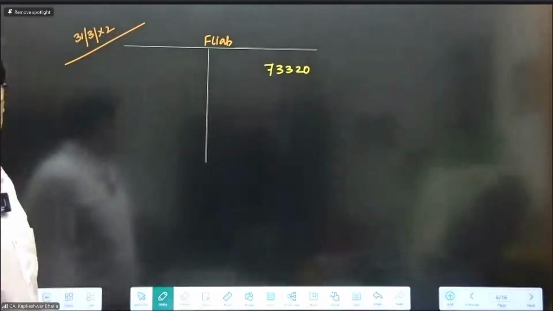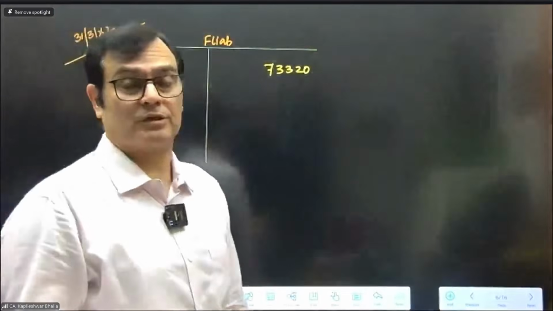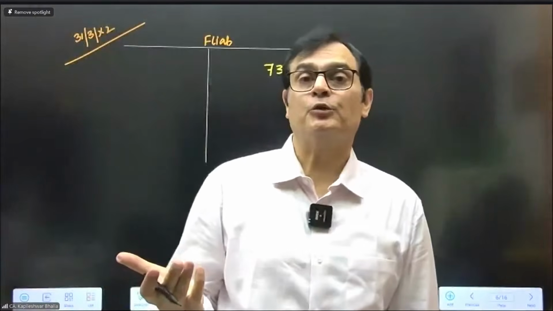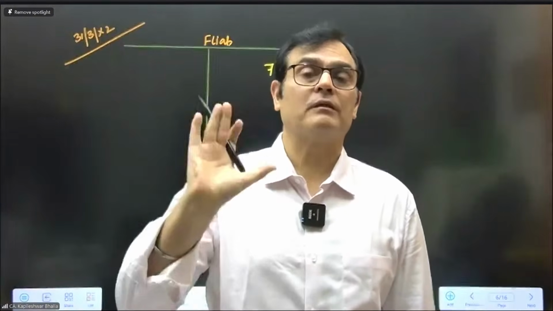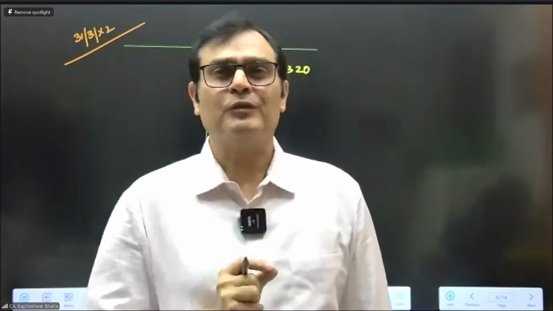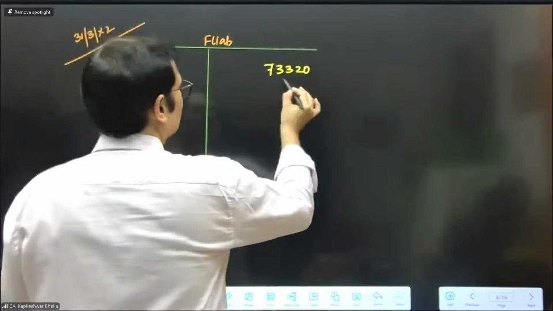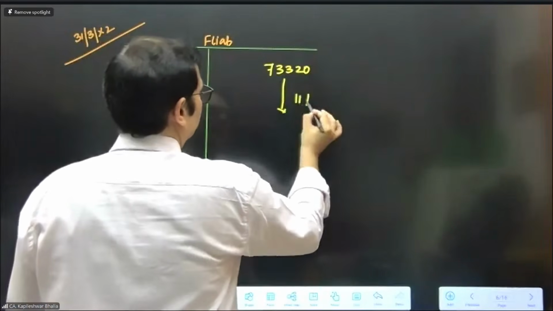So this is 73,320. And we just prepare this exactly what you do in amortized cost accounting, unwind the interest, and then the benefits transferred. The benefits being transferred to the subsidiary company is the 3% on 10 lakhs each year. So we first take interest on this at the rate of 11%.